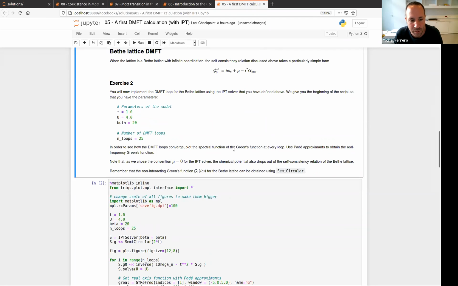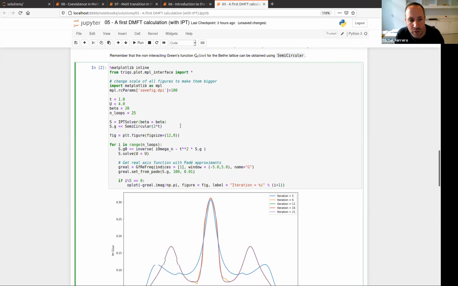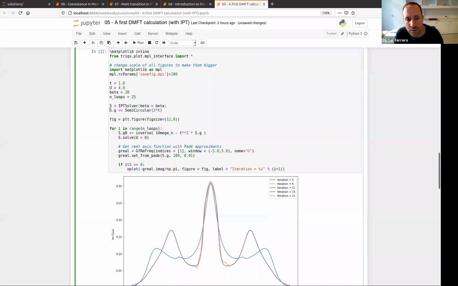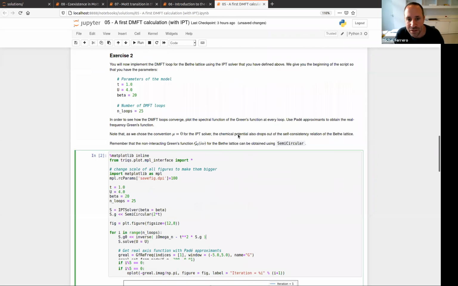So I give you a set of parameters and implemented this for one particular value of U. I take U equal to 4, beta equal to 1 over temperature, 1 over 20, and 25 loops. I create an IPT solver instance. This is the object that will solve the impurity problem. And I need some sort of guess for G, so I start with just a semicircular. And then I do the DMFT loop. The first equation is the self-consistency equation that I just wrote above.